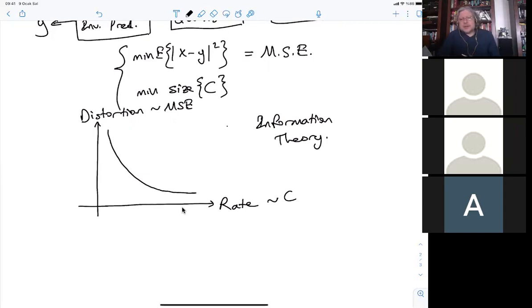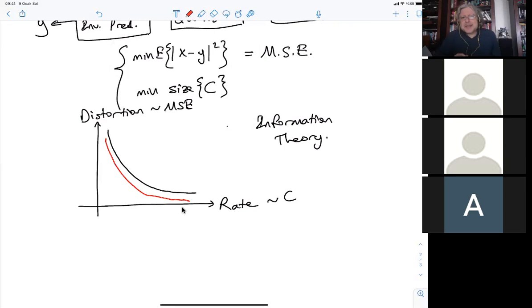For the information theory, you must obey this rate distortion curve, and a compression methodology may give you this kind of a curve, whereas another compression method, let me draw it with red, for instance, may give you this.